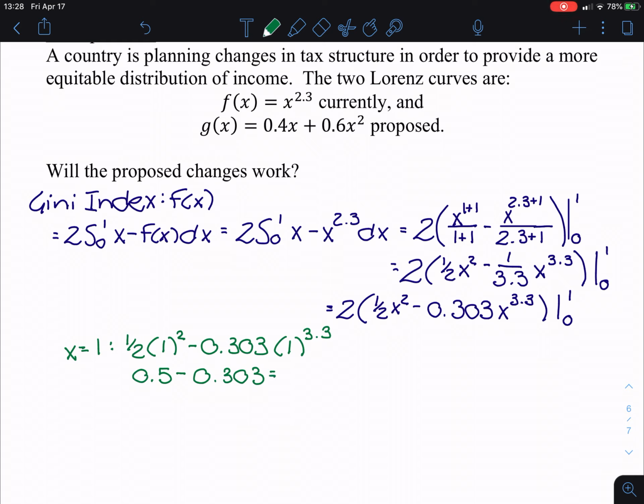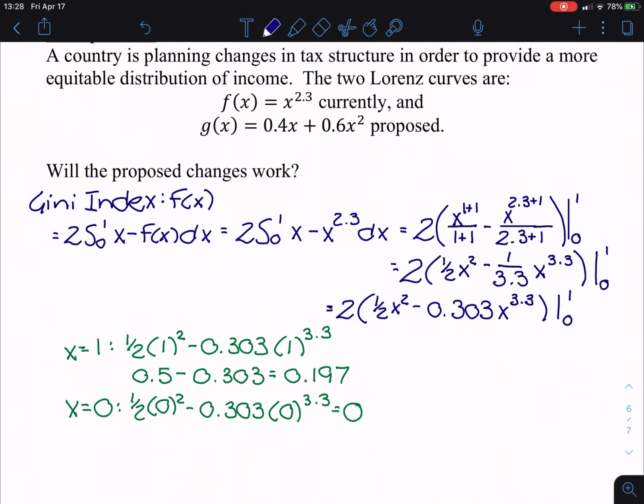And when I calculate that out, it becomes 0.197. Then when x is equal to 0, I have 1/2 times 0 squared minus 0.303 times 0 to the 3.3, which is just equal to 0.